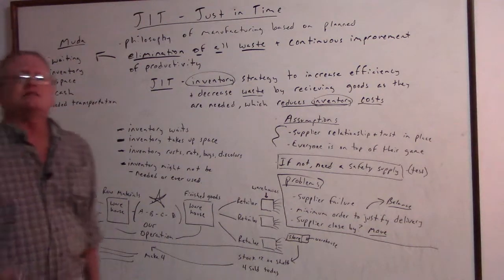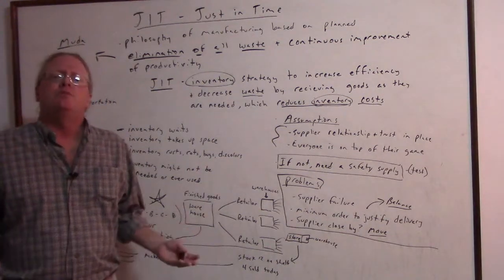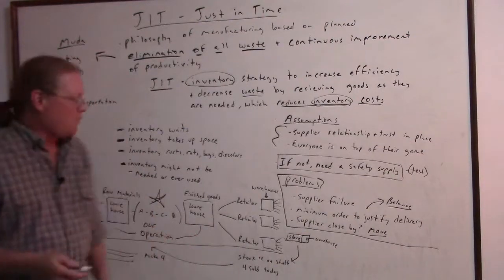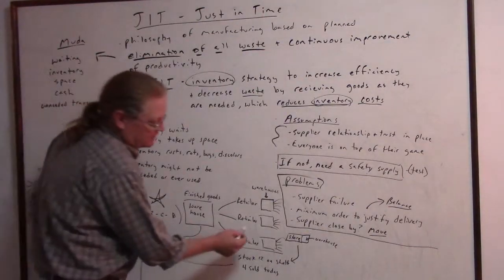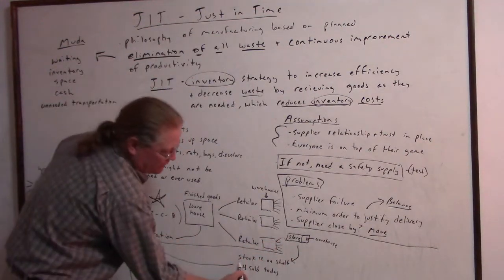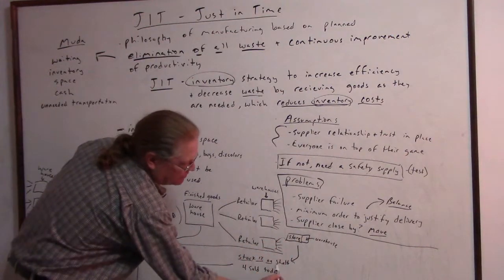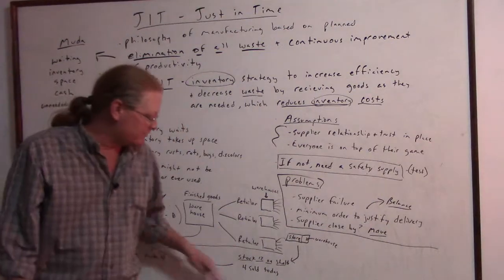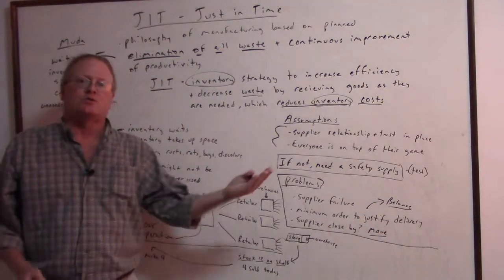So instead, what would be the better solution? We make our stuff, and we get our goods into the store, and we put 12 on the shelf. We have 12 on the shelf at the store.